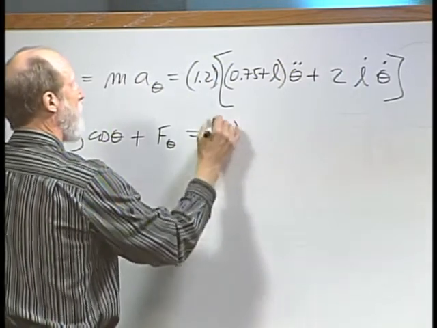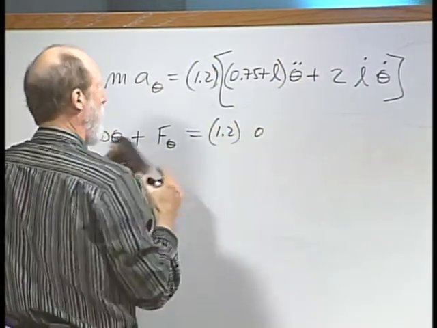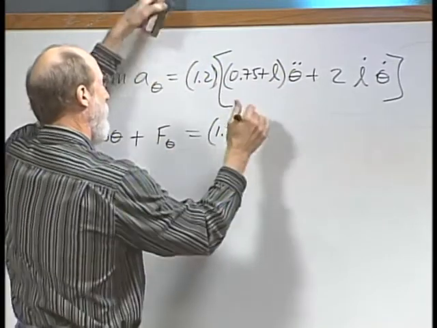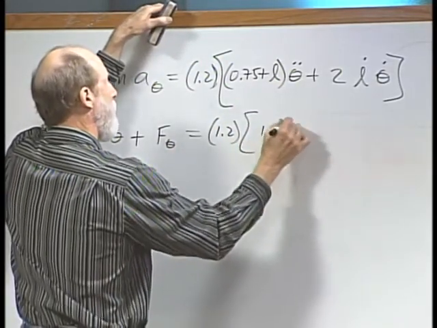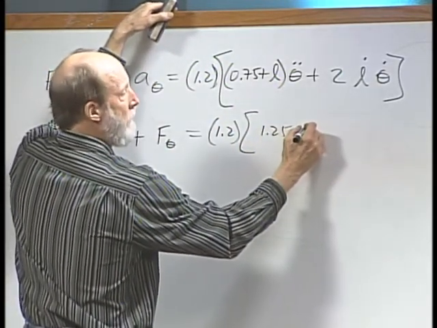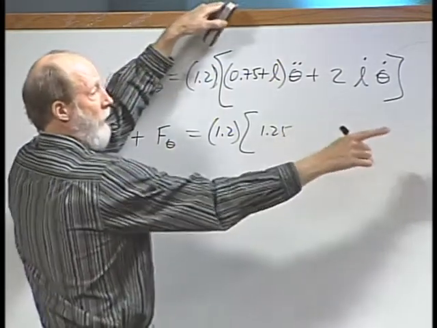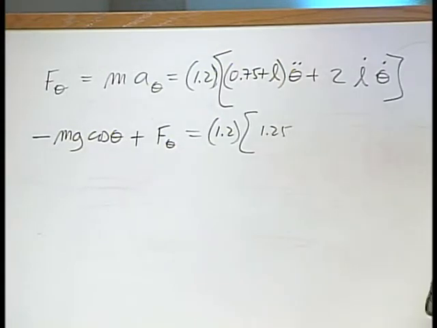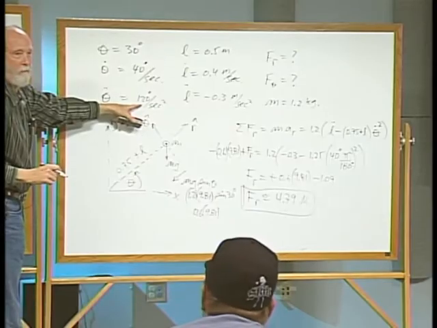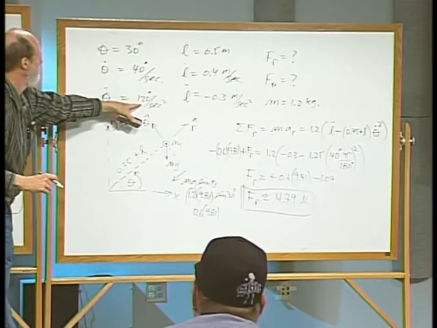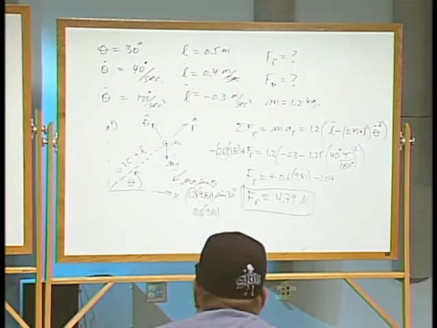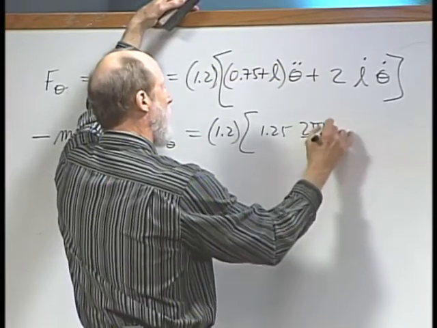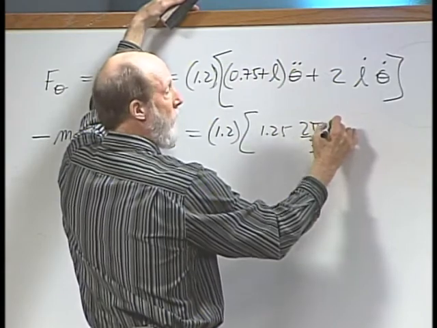So putting in the numbers, 1 1/4 on the length, theta double dot was a third of, that's 2 pi over 3, isn't it? 2 pi over 3 here, radians per second squared.